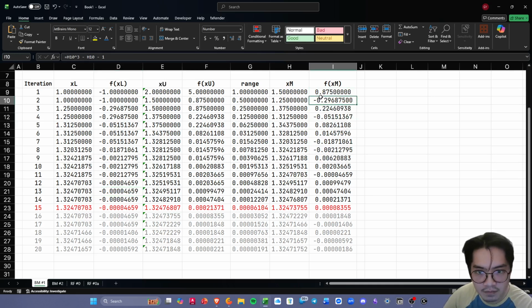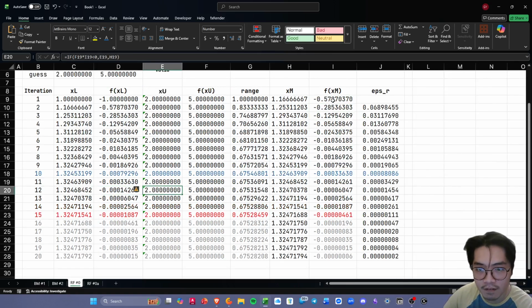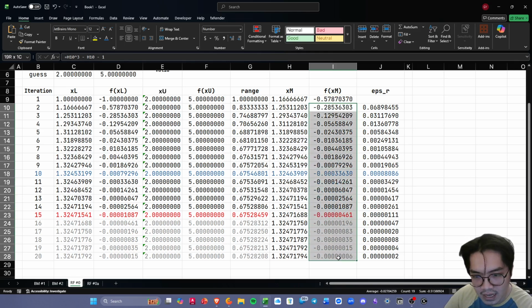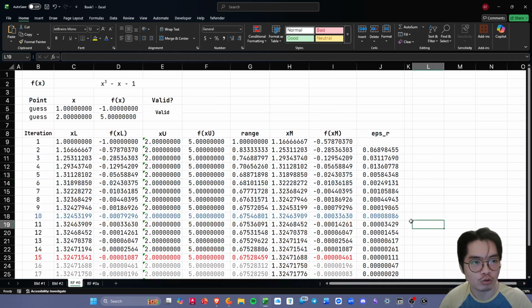Sometimes it's positive, sometimes it's negative, right? But in the regular falsi method, if it starts as being negative, it will continue being negative until it converges on our value, right? So those are your two bracketing methods, right?